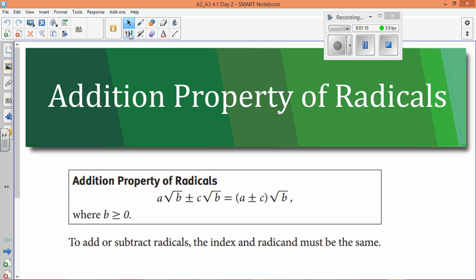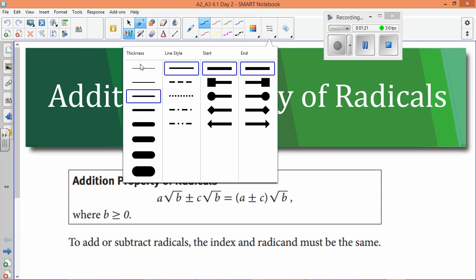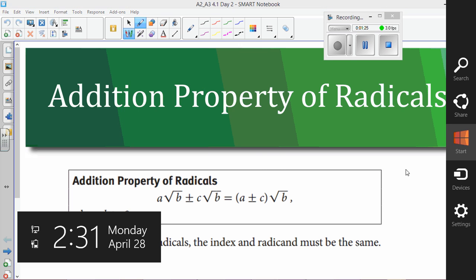So in the same way that we can undo squares by taking the square root, you can undo, let's say, 3 cubed by taking the cube root. I'm just going to get that on the side here. This is not something that we'll be dealing with entirely for this work, but it's something that's good to know.